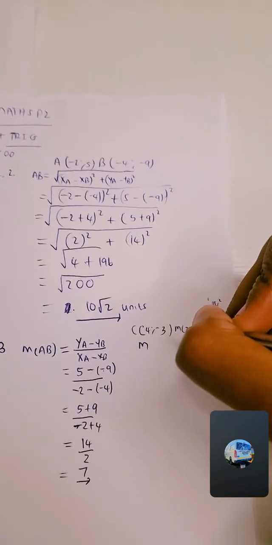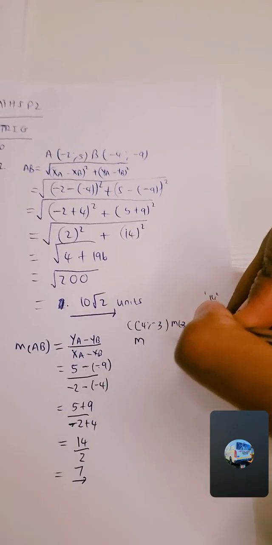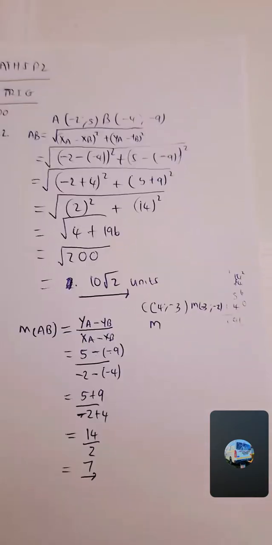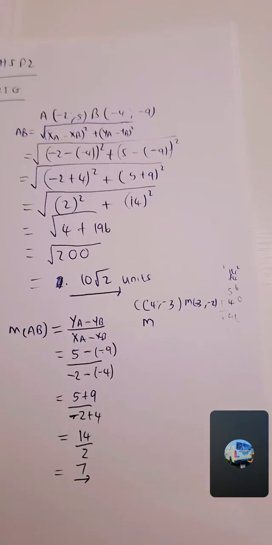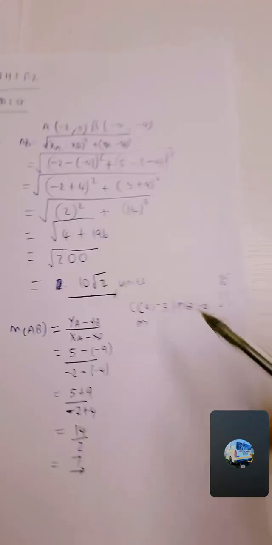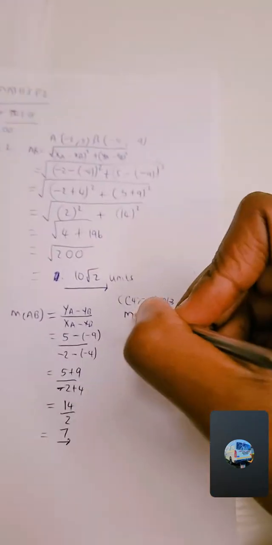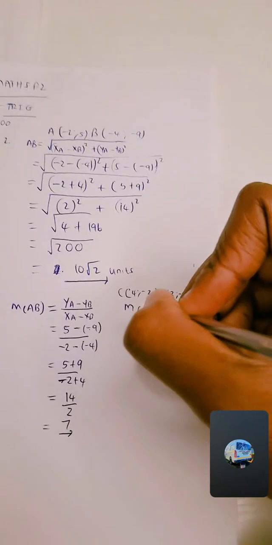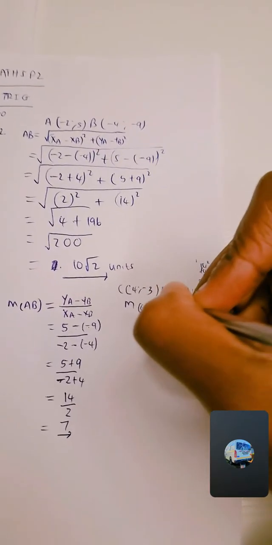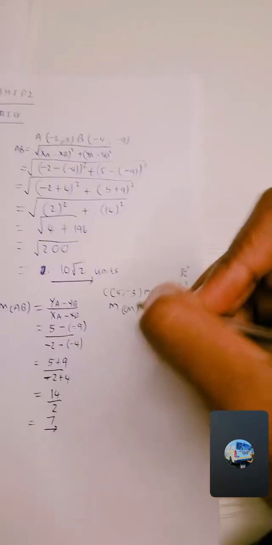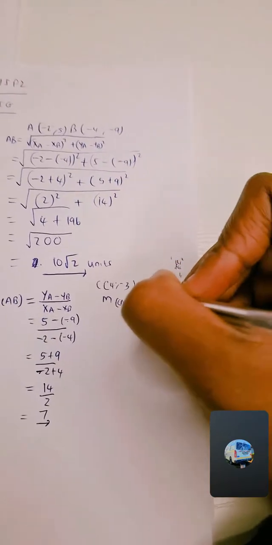M, -3 and -2. Okay, then we can go ahead there and calculate the gradient of CM using the same formula, just with those letters.